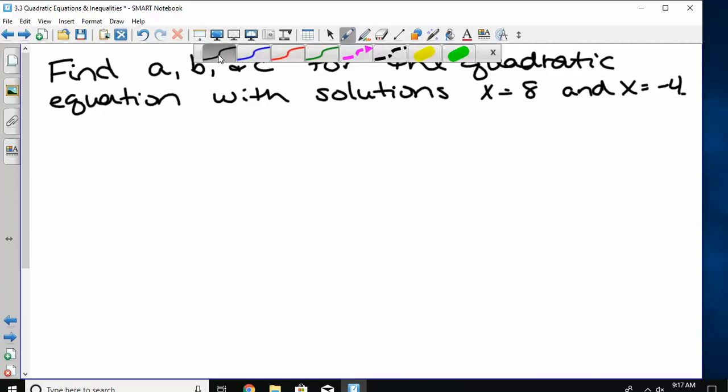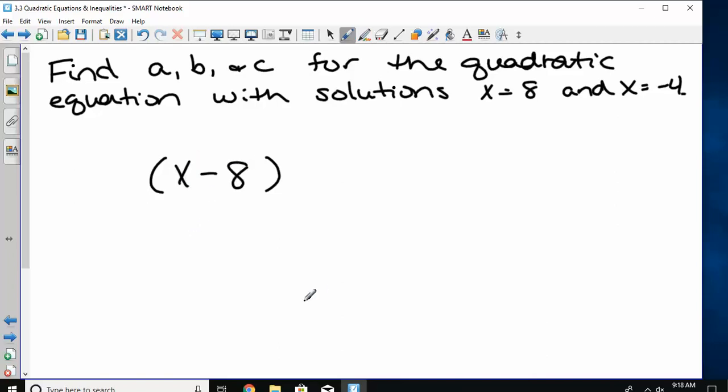If 8 is a solution, then what showed up in my factored form? X minus 8. If -4 is a solution, what was in my factored form? X plus 4. And this equals 0. That's how we got our answers. Okay, so from here, I'm asking you about the original quadratic. I want the A, B, and C, so what do I need to do? FOIL it out.